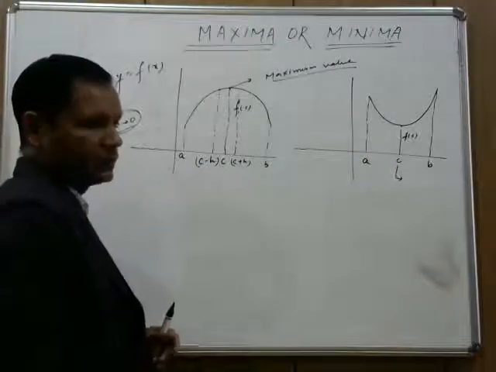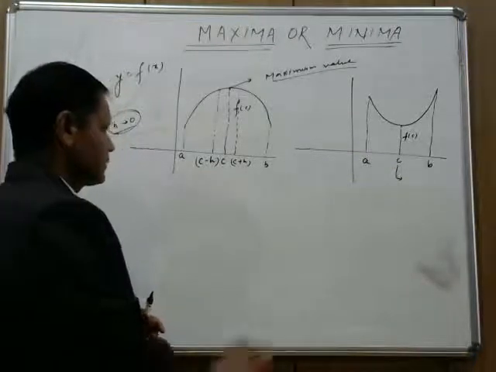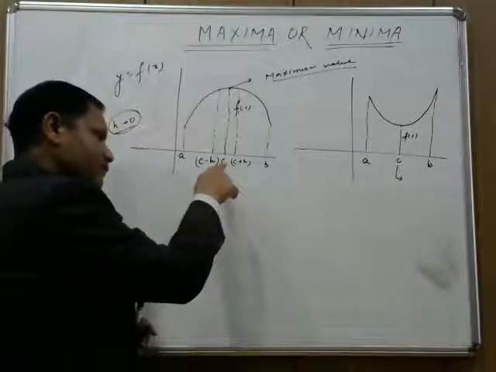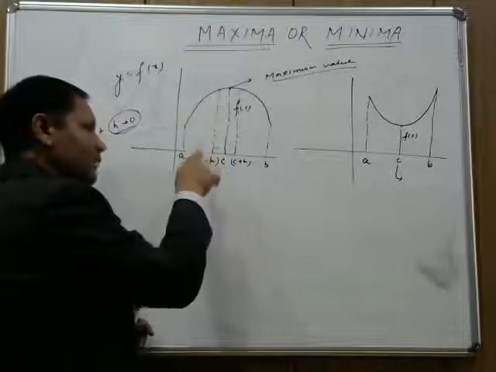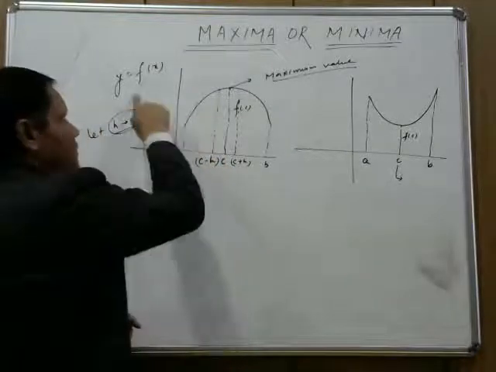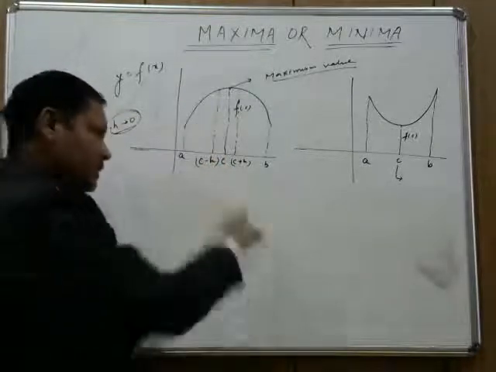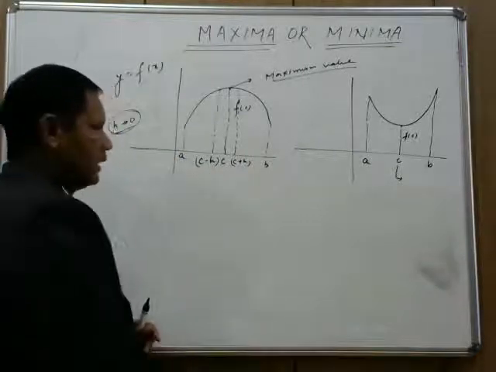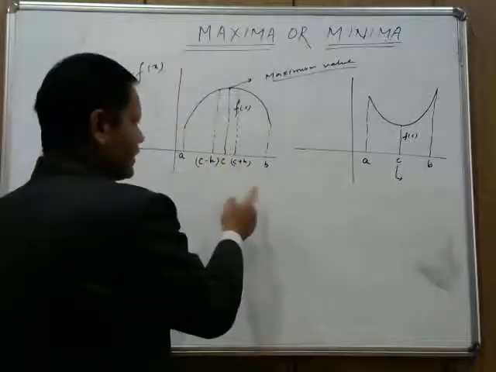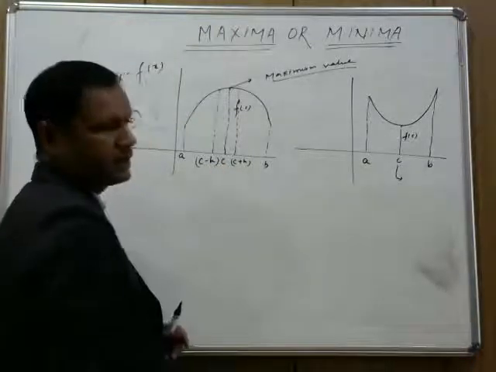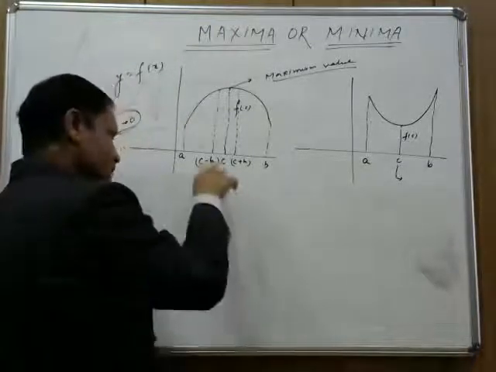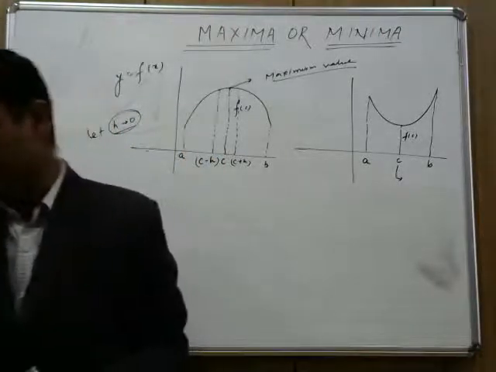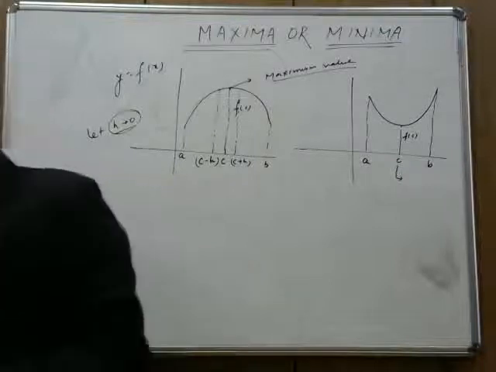At the point c, if I find f of c minus h for the given function y is equal to f of x, its value is less than f of c, and f of c is greater than the value f of c plus h. Then we say that c is the point of local maxima.